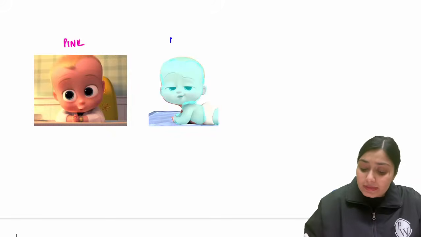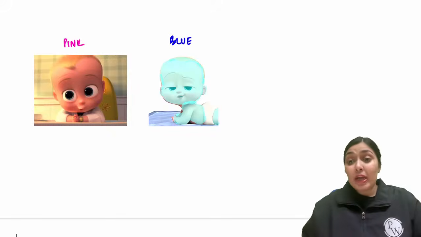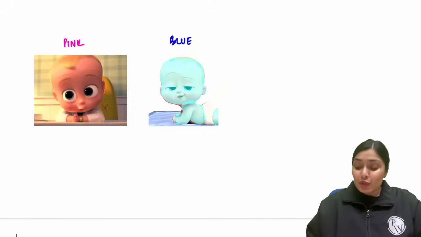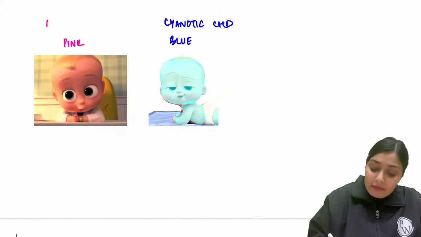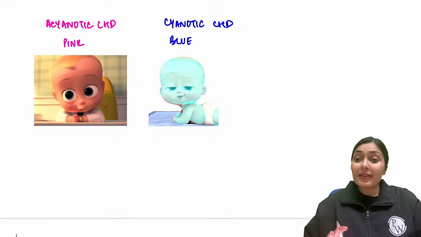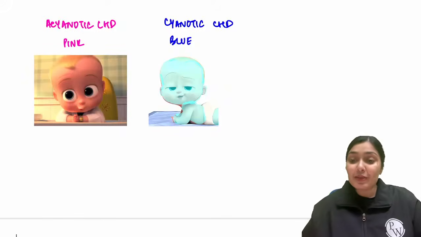On the other hand, this baby is blue. Cyanosis means blue. So a baby can have a cyanotic heart disease or an acyanotic heart disease. In acyanotic heart disease, the baby is pink. In cyanotic heart disease, the baby is blue.